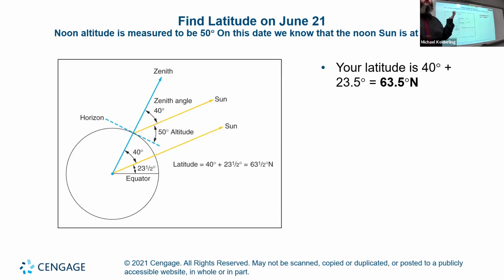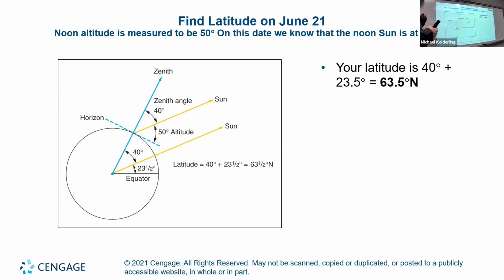You can use the zenith angle of the sun and the date to figure out your latitude. So on June 21st, the sun is the highest in the sky. That's the summer solstice. The sun will be as far north as possible. It will be 23.5 degrees. The sun will be directly coming down on 23.5 degrees north. On this day, we measure the altitude to be 50 degrees.